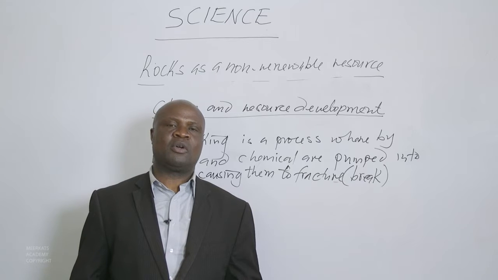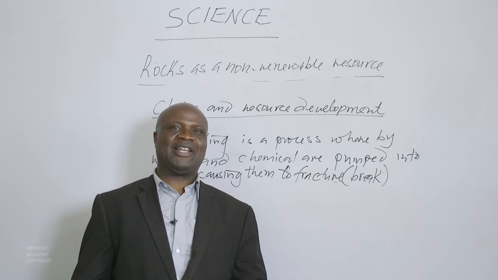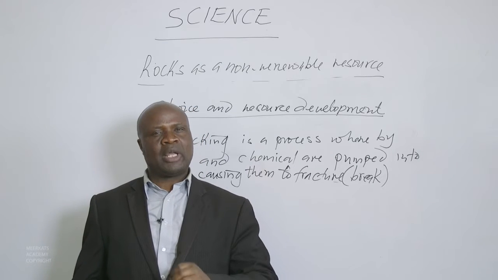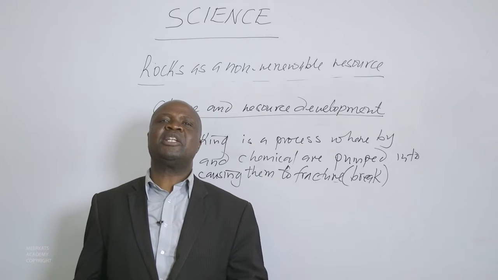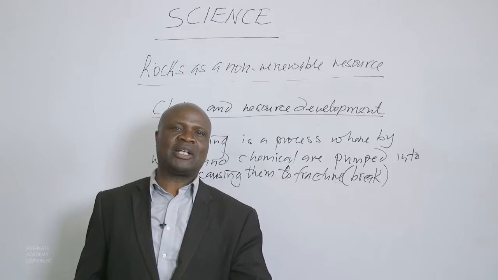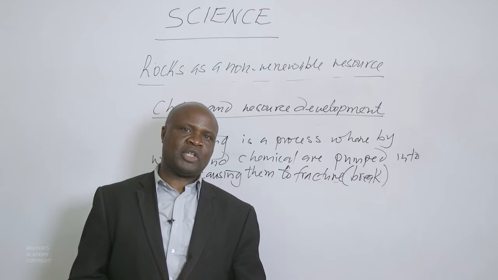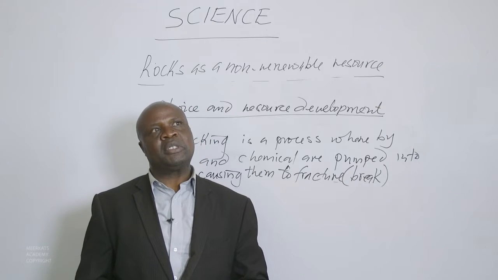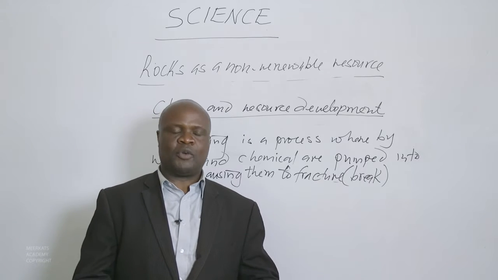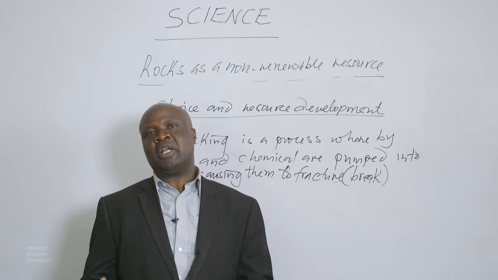So when do you say that you are going to choose a particular technology? You will choose it depending on its efficiency in extracting the minerals that you want. So we shall talk of the cost. If it is costly for you to use that particular technology, then you will not use it.